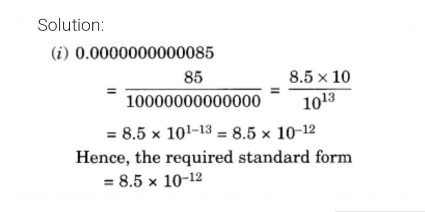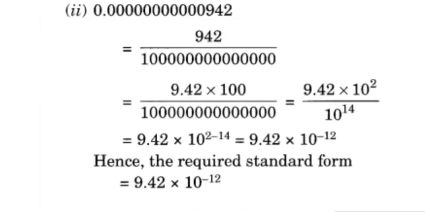Why? 8.5 into 10 is 85 only, upon 1 and 13 zeros. After the decimal there are 11 zeros and 2 more digits, 8 and 5, means a total of 13 digits. So 10 raised to 13 will come. Now this we can write as 8.5 into 10 raised to minus 12. So this is the required standard form.